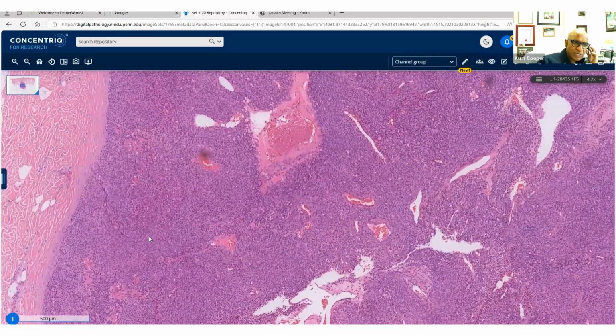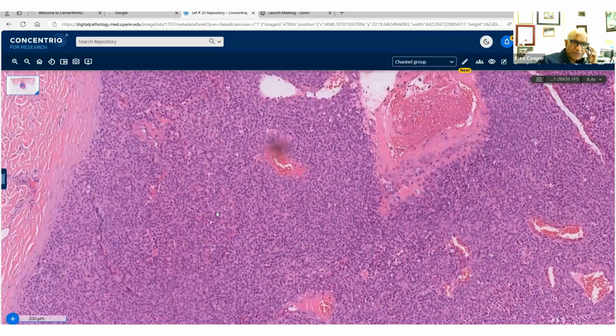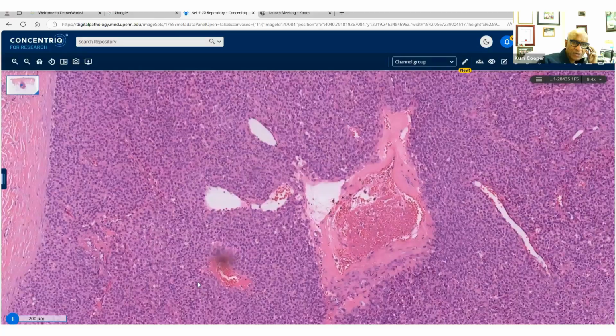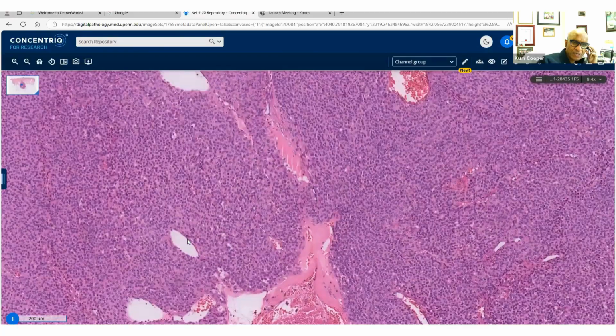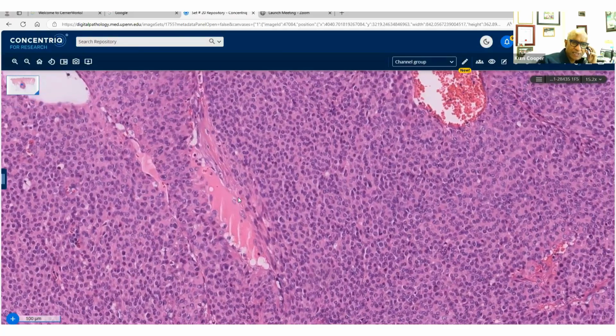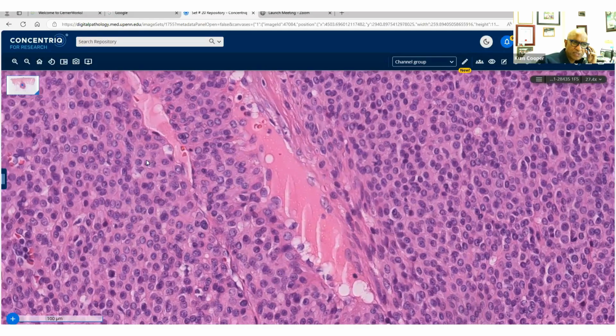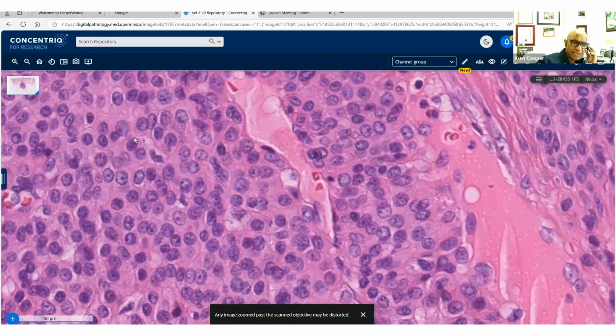So let's then go and look at the tumor itself, and any of these vessels I'll try and hone in on and show you the tumor cells around these vessels. And again, I'll describe these for you. Fairly uniform looking cells with pink cytoplasm. Some of them do have nucleoli, and the cytoplasmic borders are fairly distinct, very clearly distinct.